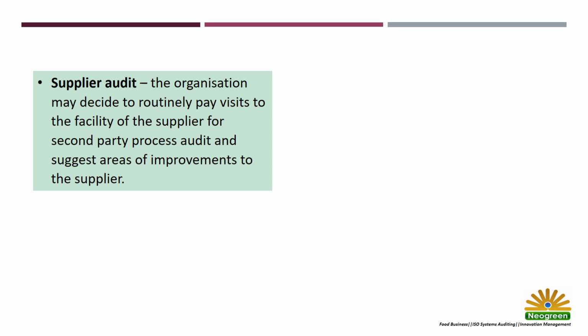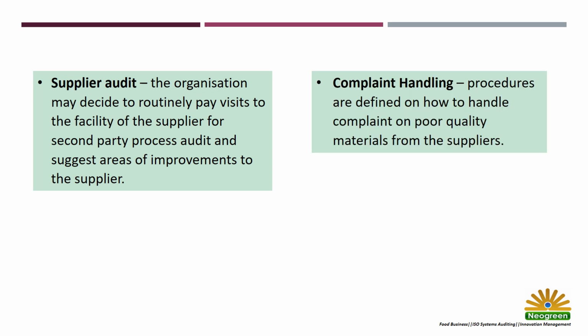The organization may decide to routinely pay visits to the facility of the supplier for second-party process audit and suggest areas of improvement to the supplier. Complaint handling. Procedures are defined on how to handle the complaint on poor quality materials from the suppliers.